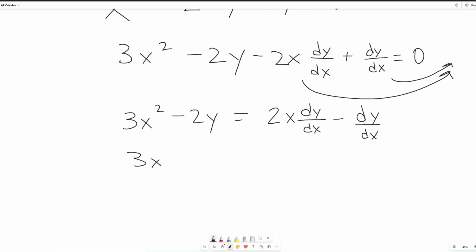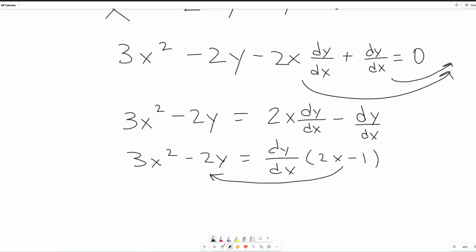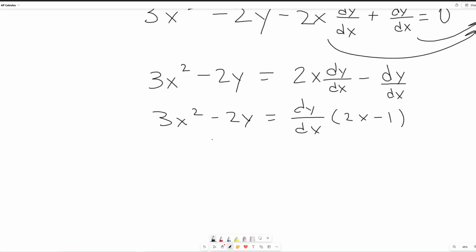So you have 3x squared minus 2y equals dy over dx times 2x minus 1, because there's this invisible 1 right here. And now you just divide this from both sides to bring it over, and then you have your final answer as dy over dx equals 3x squared minus 2y over 2x minus 1.